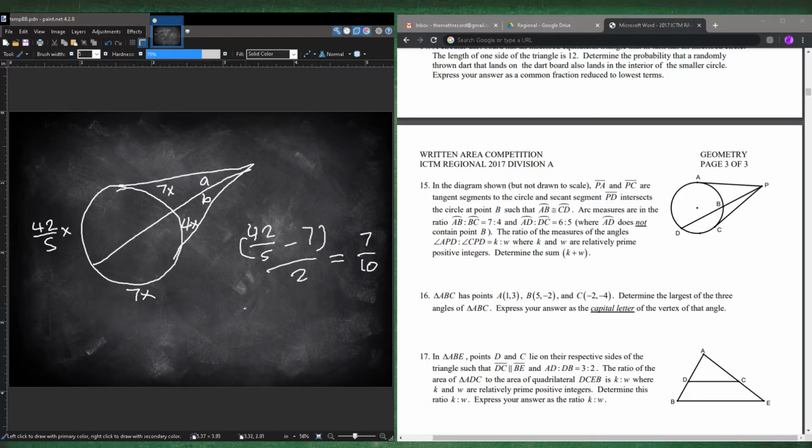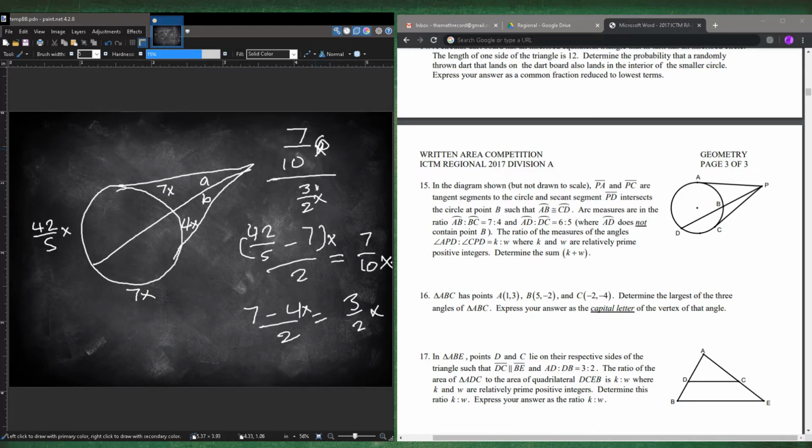Okay, B is 7 minus 4x. So 7 over 4 divided by 2. Right, so that's 3 over 2. Okay, so now we need to find the ratio between A and B. Oh, I forgot the x's in here. So now we have 7 over 10x divided by 3 over 2x, right?